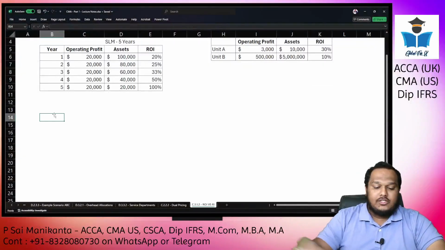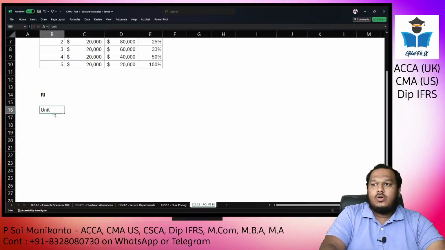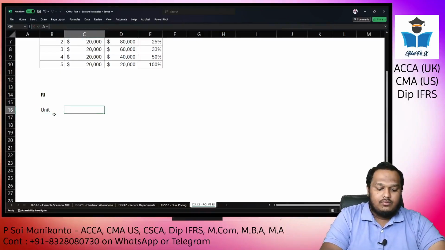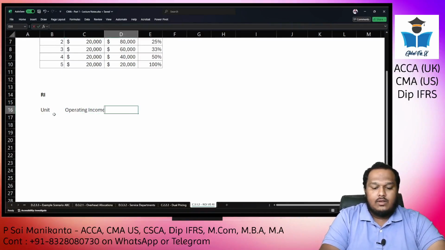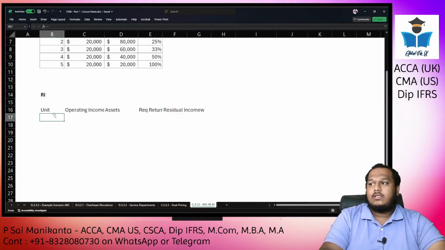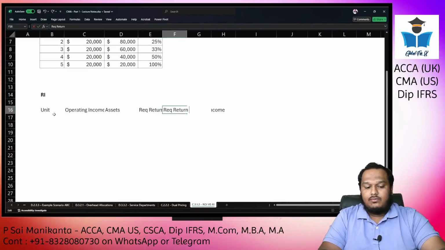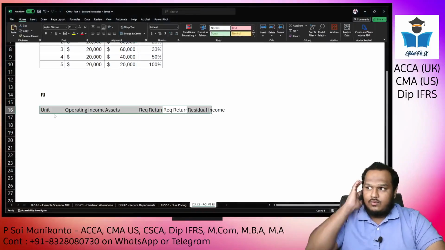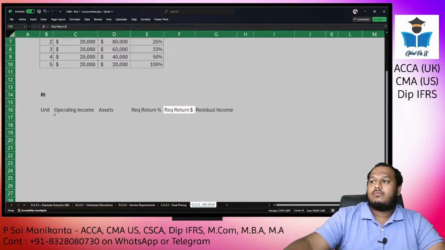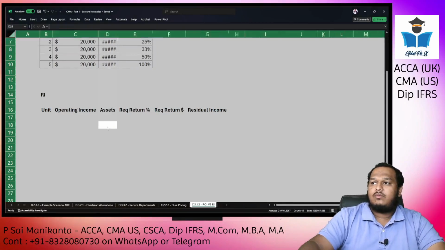So if I just show you how RI works, for a unit we have operating income, assets, required return percentage, required return dollar amount, and residual income.